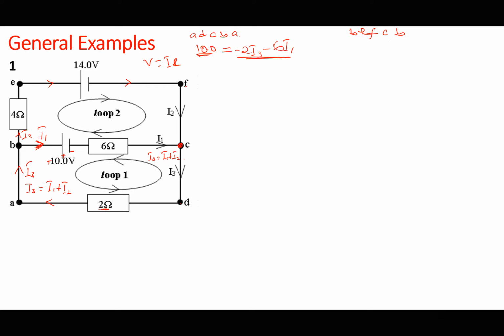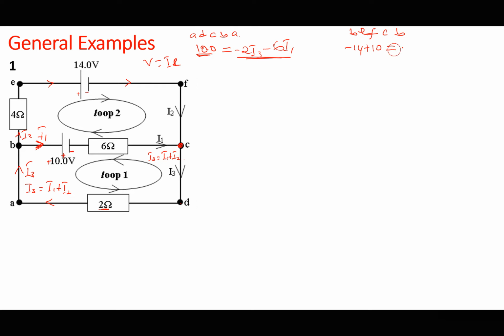From E to F, I start with the positive before negative, so this EMF is going to be negative, negative 14. When I move from F to C, there is no cell. C to B, there is a cell, and moving from C to B I start with the negative before positive, so the EMF is positive. So this will be plus 10.